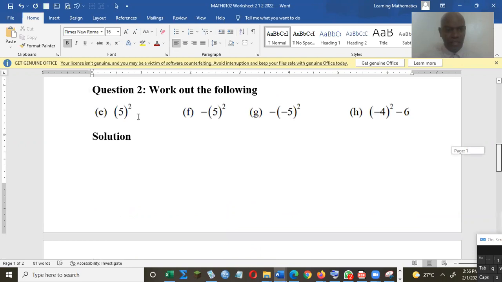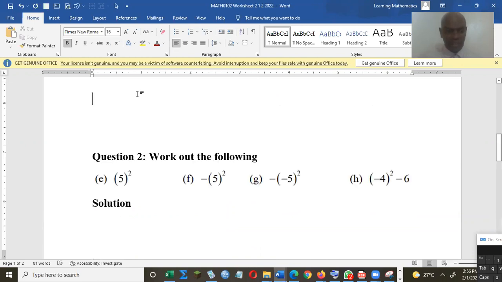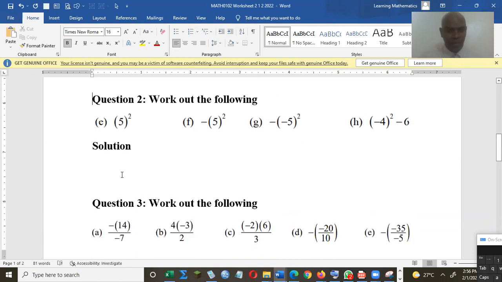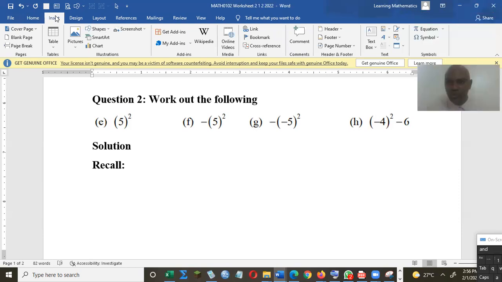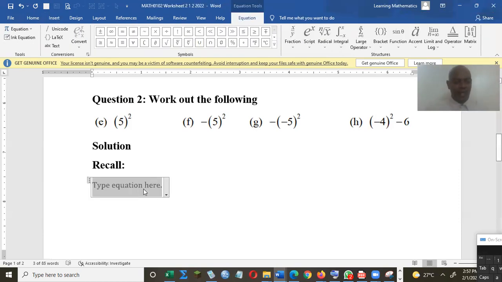Before we begin, we can just add a little note, or recall. Let's go to insert, and let's go to equations, and we're going to type B for base.